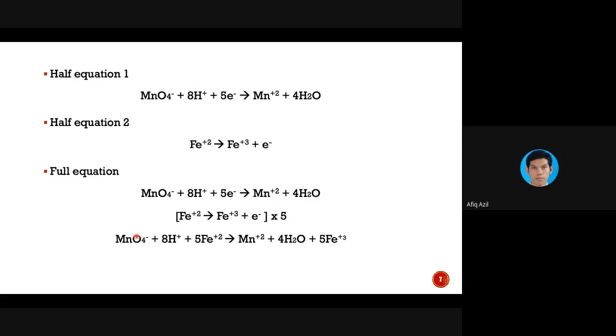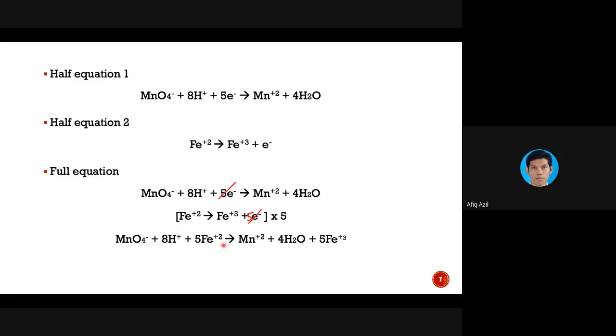Then only will you have a balanced equation, so that you can cancel out the electrons, because one is on this side and one on the right side. This has become 5. But the rest you just write.